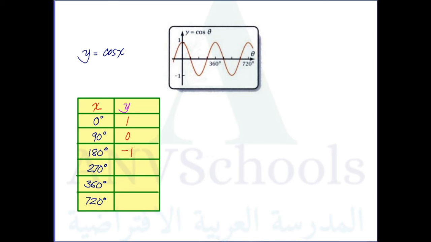And cosine of 270 degrees would give us 0. And cosine of 360 degrees is equal to 1 again, so 0, 1, and this is also 1. So take note that, let's just use this graph here to plot all the points that we had.